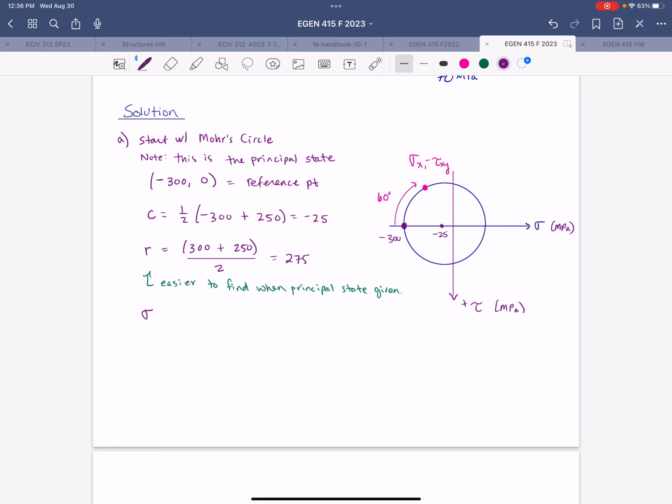So to calculate that, we can find it using circle relationships. So from the center, for sigma x, we have the center minus r cosine 60. All right, so that's just looking at this geometrically.